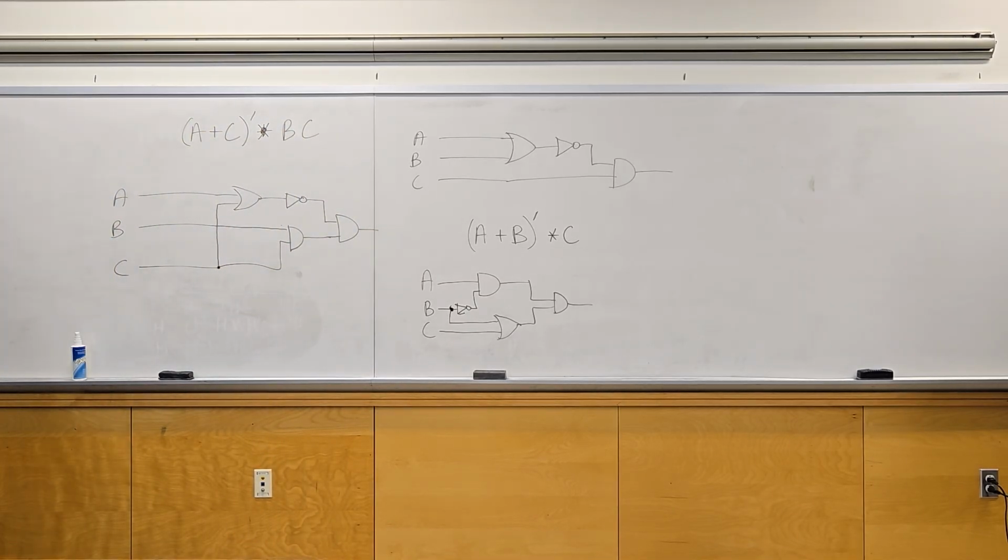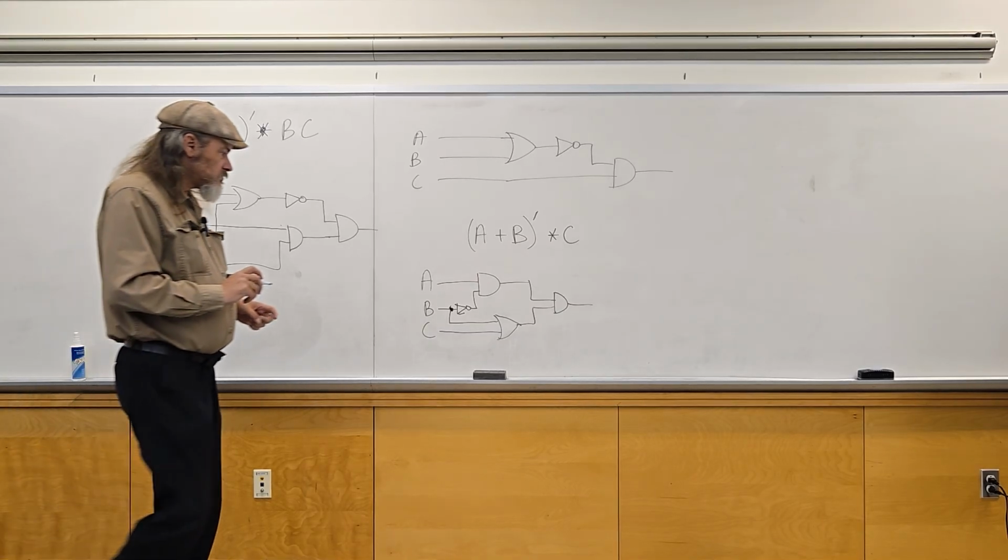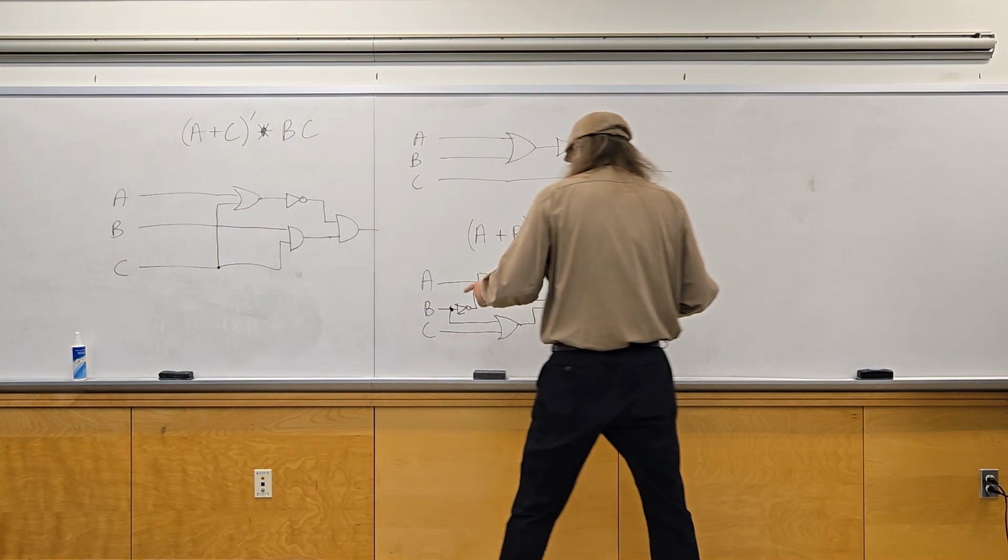What would we do first in this to draw the schematic for this? I mean, to do the Boolean expression for this. What's the leftmost symbol? The inverter? Yeah, the inverter, the not. So not B.